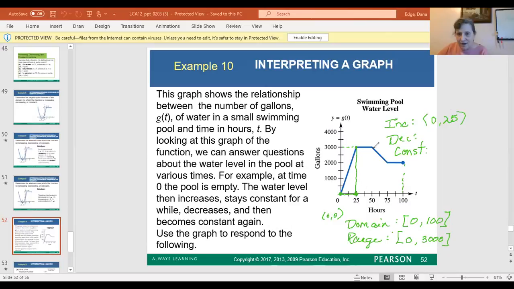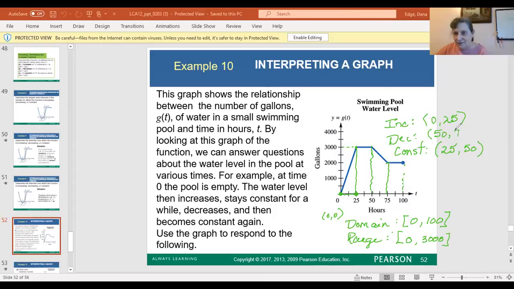From 25 hours to 50 hours, the Y values were constant. So the interval where it's constant is from 25 to 50. Again, all parentheses. From 50 to 75, it's decreasing.